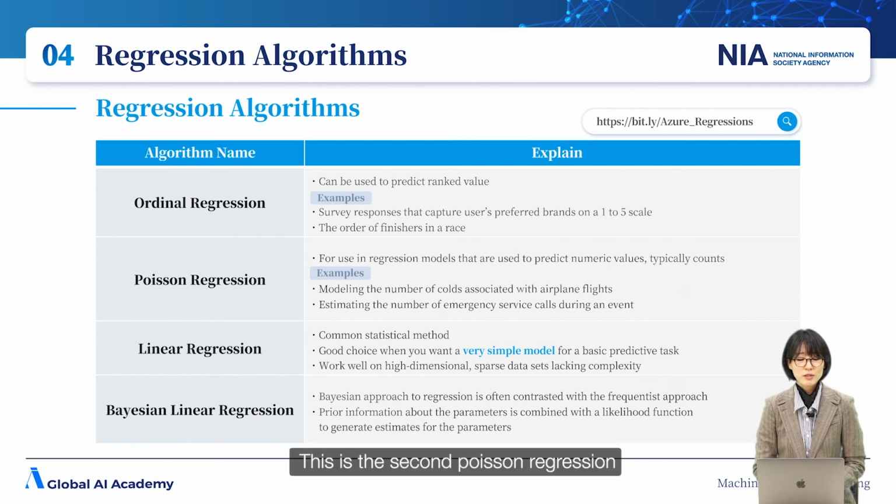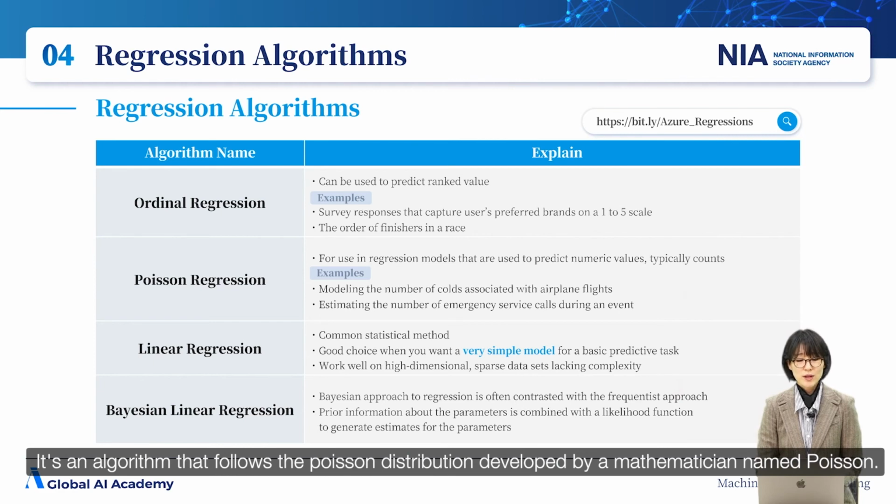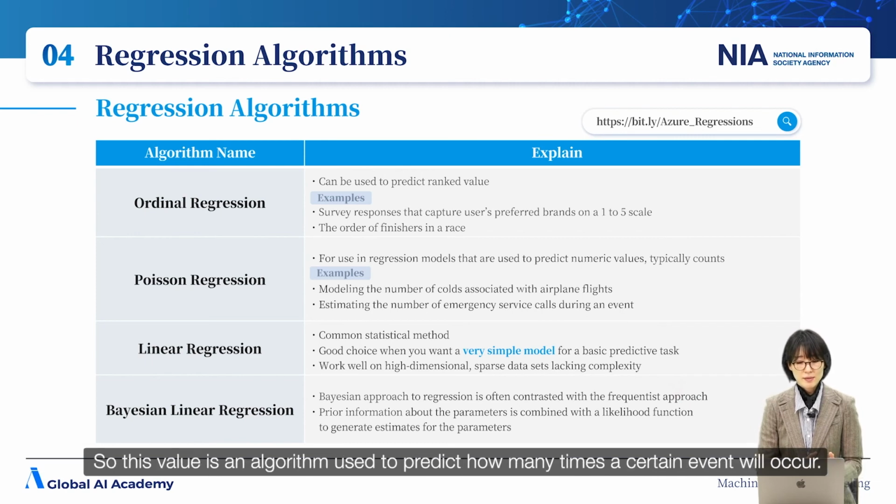This is the second, Poisson regression. Poisson regression doesn't seem to be English. Yes, it's from French. It's an algorithm that follows the Poisson distribution developed by a mathematician named Poisson. It is an algorithm used to predict how many times a certain event will occur.